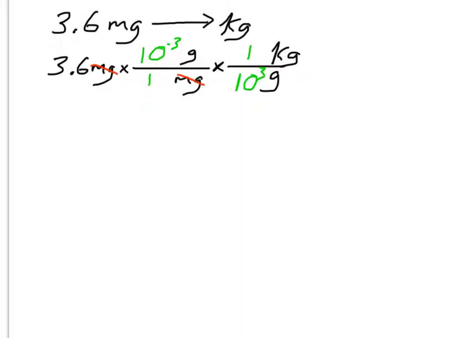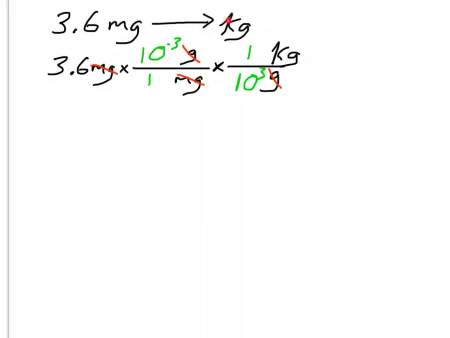So let me cancel my units because I have grams here and grams there, so those cancel. Now the only unit that's not canceled is kilograms, and that's where I want to be.